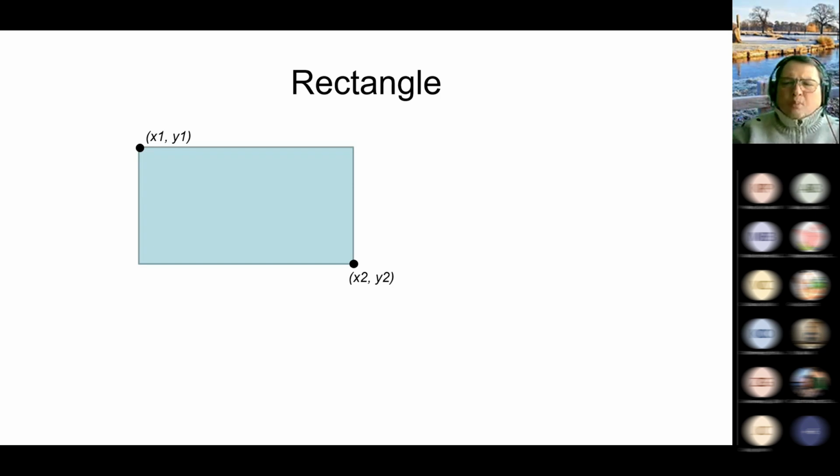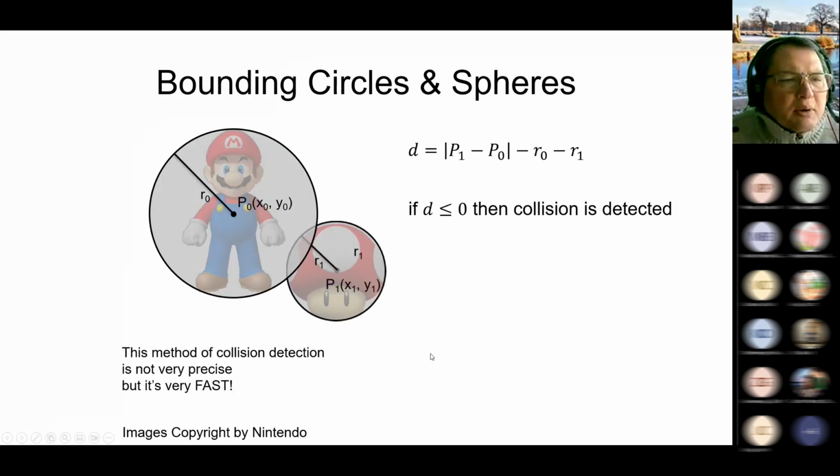Another option is to apply more specific, more proper collision detection method. One of these methods is a hierarchical approach to collision detection. I will go back to my Mario example, and I will show you that Mario could be estimated as a circle here, which will be a very precise measurement for a collision within his head.